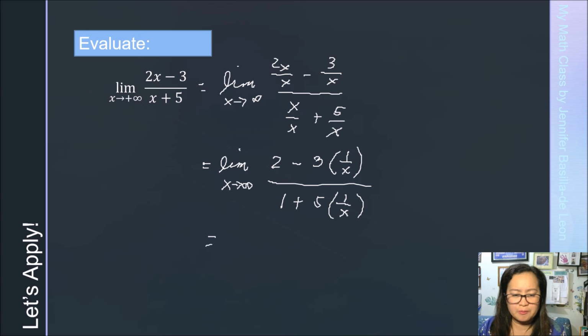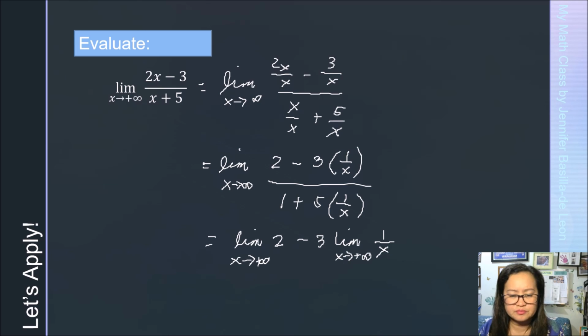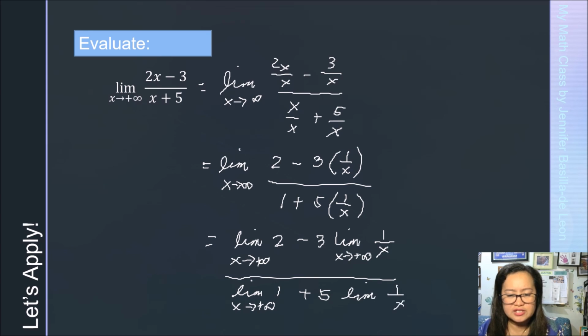Then applying the first set of limit laws, we would be able to have the limit of 2 as x approaches positive infinity, then minus 3 times the limit of 1 over x as x approaches positive infinity, all over the limit of 1 as x approaches positive infinity plus 5 times the limit of 1 over x as x approaches positive infinity. Now we simplify further.